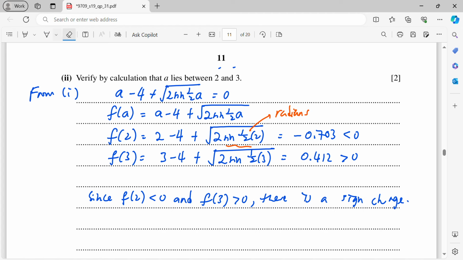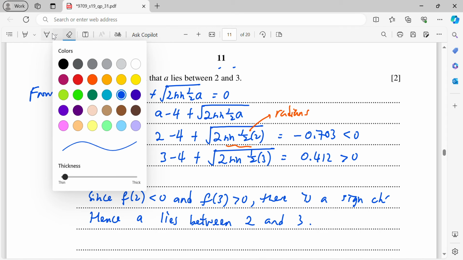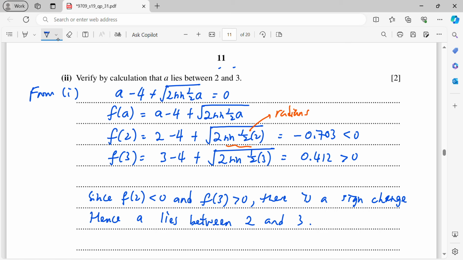Hence, a lies between the two values. Okay, so done for this question.